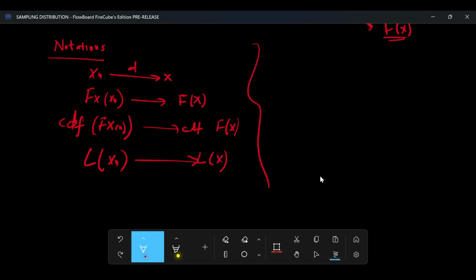So the difference lies here with respect to convergence in probability. In convergence in probability, the Xn sequence will converge to some non-random value, that's a or x, that's not a random variable.